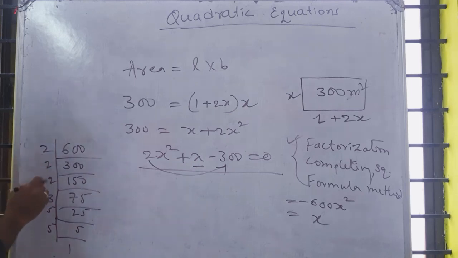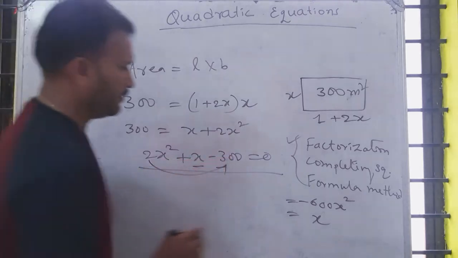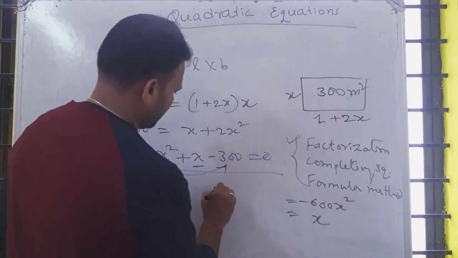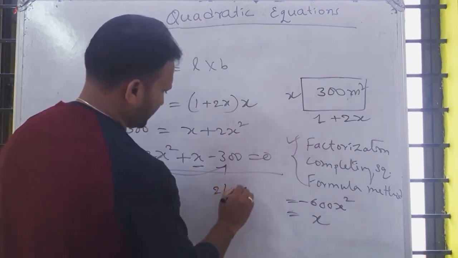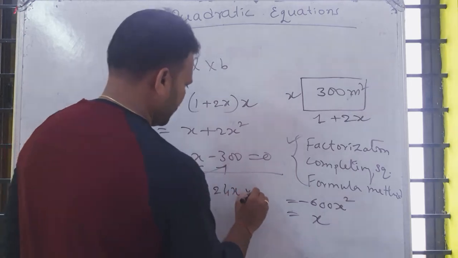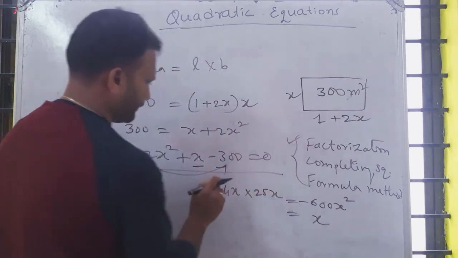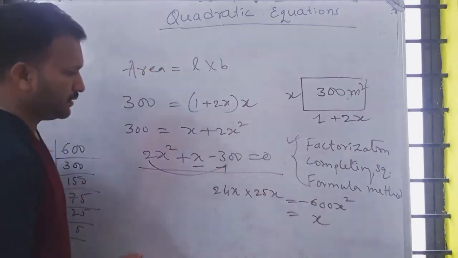If you multiply the factors, you get 24 and 25. 24x into 25x will give you 600.